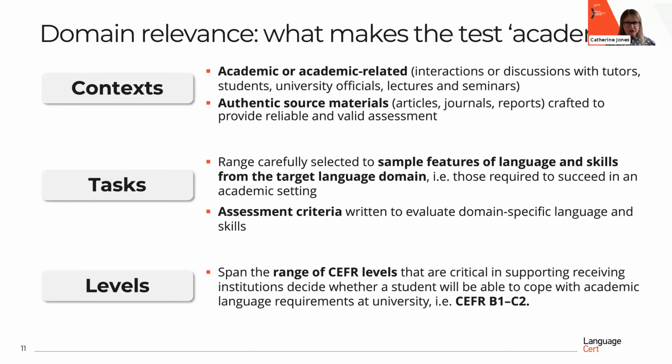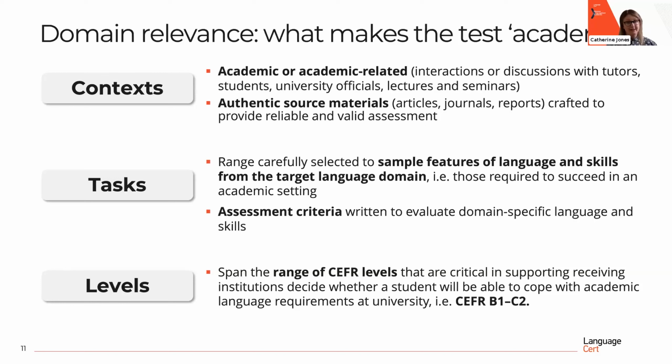So in order to do this, I've separated it into 3 key areas that we've addressed to work out what makes academic academic. And this is years of work to identify what we want to do here, of evidence-informed work. This is using LanguageCert research as well as wider assessment research that's out there.